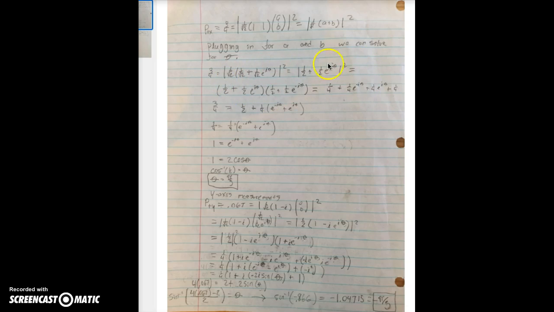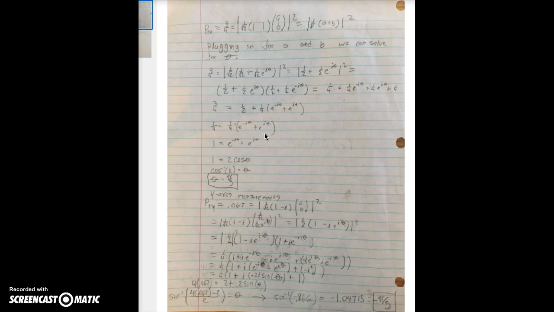And we go through, plug those in, and take the modulus squared. So we get the complex conjugate times the original. That's where this minus i theta term comes from. Go through, and we find that theta is equal to pi over 3.